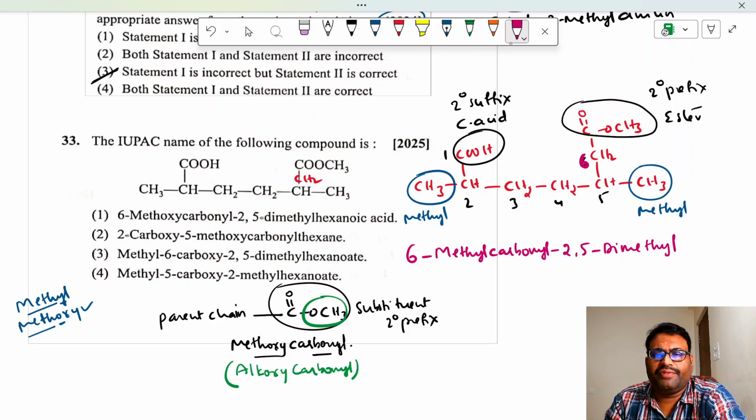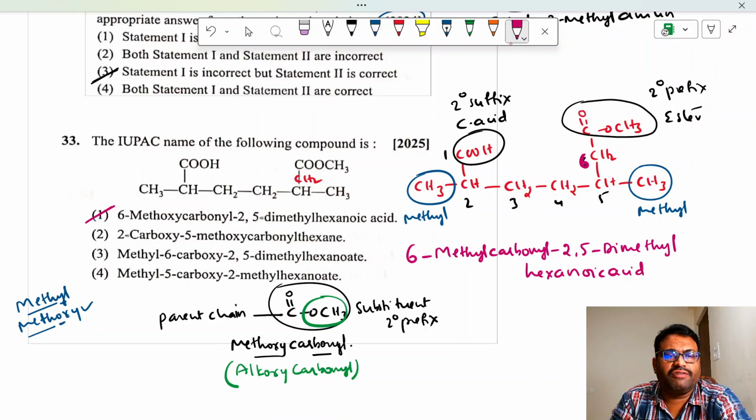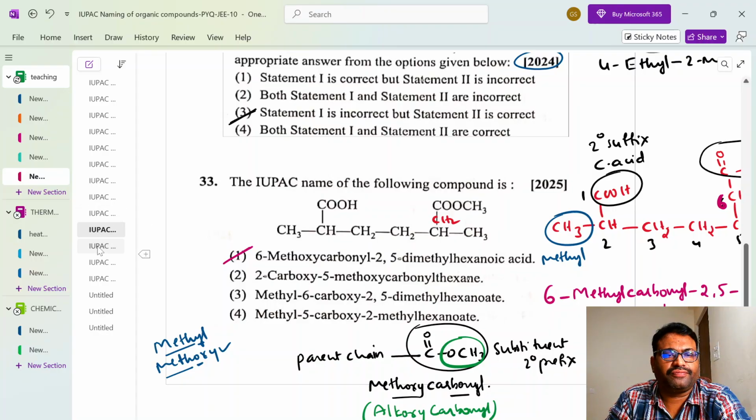Then the total number of carbon atoms in the parent chain is 6. It is hex, and carbon-carbon single bond, an. And what is the main functional group, the high priority functional group? Carboxylic acid. So it is oic acid. So what will be the answer? The first one will be the correct answer. Understood? Let's move to the next question.